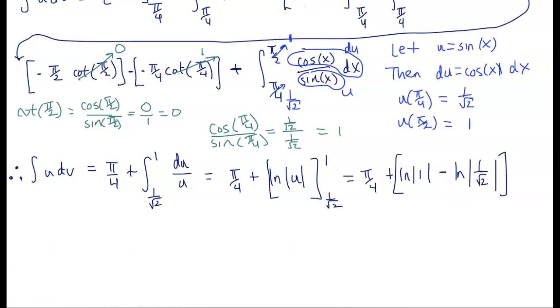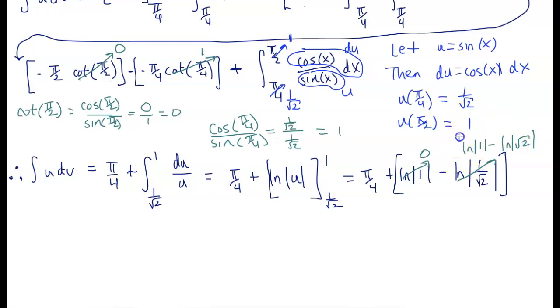And we are almost done here. So we know that natural log of 1 is just 0. So the only thing we have to worry about now is the natural log of 1 divided by root 2. But of course, this can be written as natural log of absolute value of 1 minus natural log of absolute value of root 2.